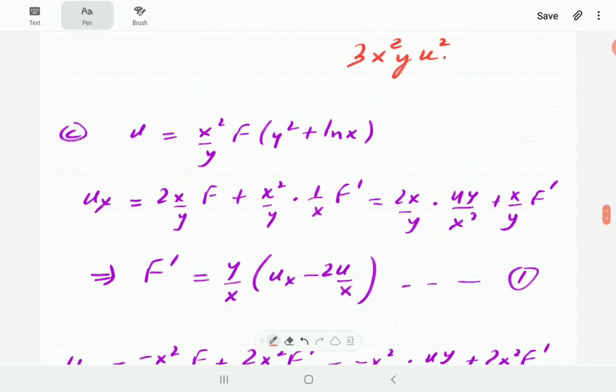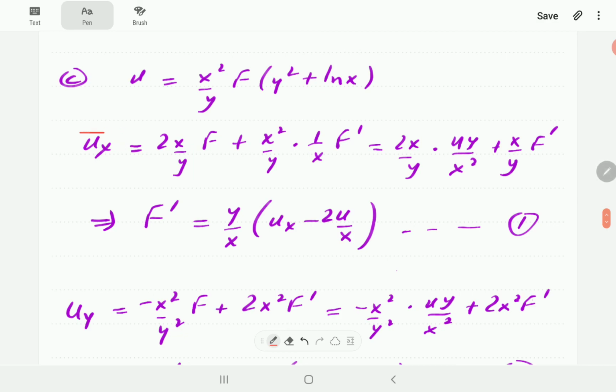So for C, if we start by differentiating with respect to x, we're going to have to use a product rule here, because there's x here and x there. Differentiating this one gives us this term, and then if we keep this term fixed, differentiate this, we're going to have f prime times the derivative of the argument is 1 over x.